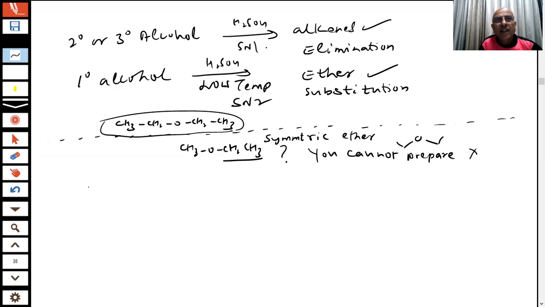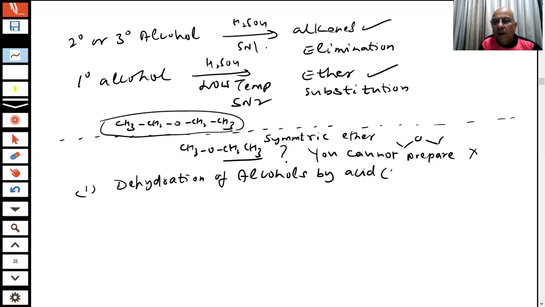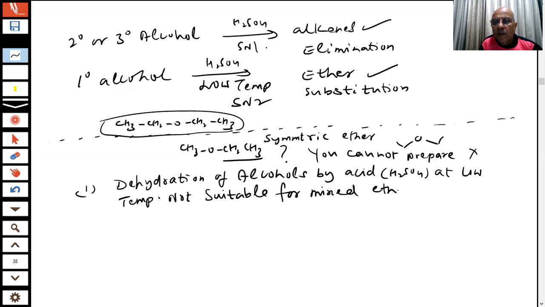So I can say that dehydration of alcohols by protic acid at low temperature is not suitable for preparation of mixed ethers. इनको क्या बोलते हैं? अनसिमेट्रिक ईथर्स कहते हैं, स्टूडेंट्स. ठीक है? अब क्या करेंगे फिर?